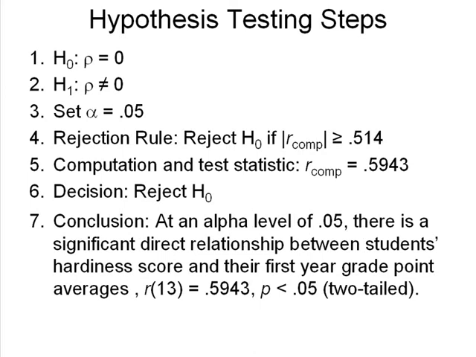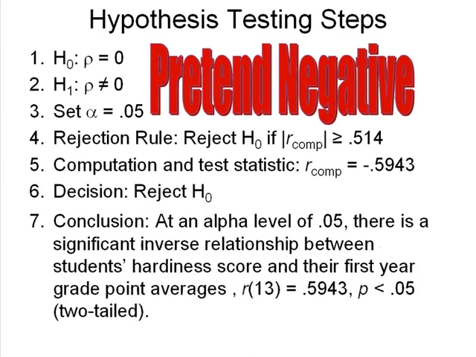But just for the fun of it, let's take a look at what would happen if we had had a negative correlation. We didn't, but let's pretend instead of having a positive 0.5943, we would have had a negative 0.5943. We still would have rejected the H0, but our conclusion would be different. We would say at an alpha level of 0.05, that stays the same.